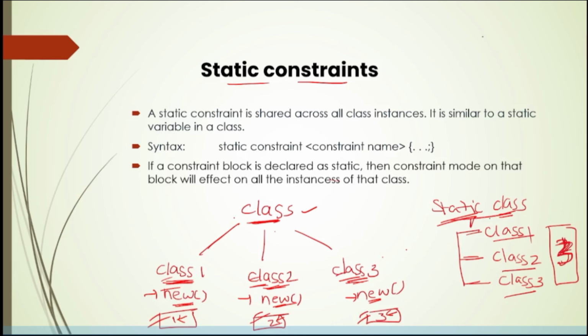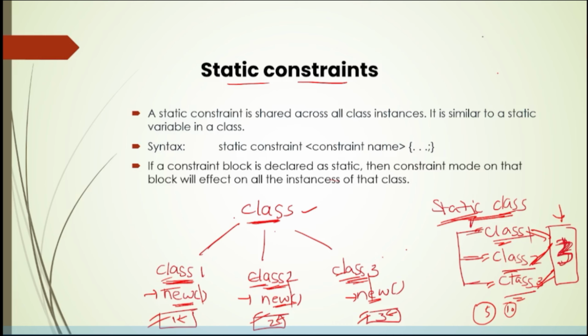But with a static class, whether you take three, or 5 or 10 handles, everything will share the same memory location. That means all these class instances will share the same memory location. That is the difference between a normal class and a static class.